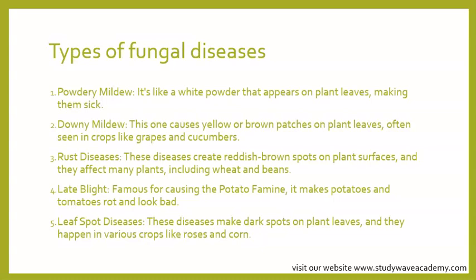5. Leaf spot diseases. These diseases make dark spots on plant leaves, and they happen in various crops like roses and corn. These diseases result in dark spots on plant leaves. Okay?